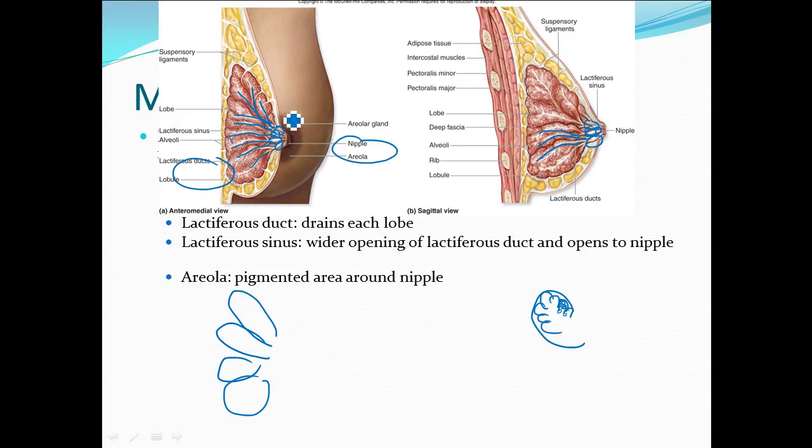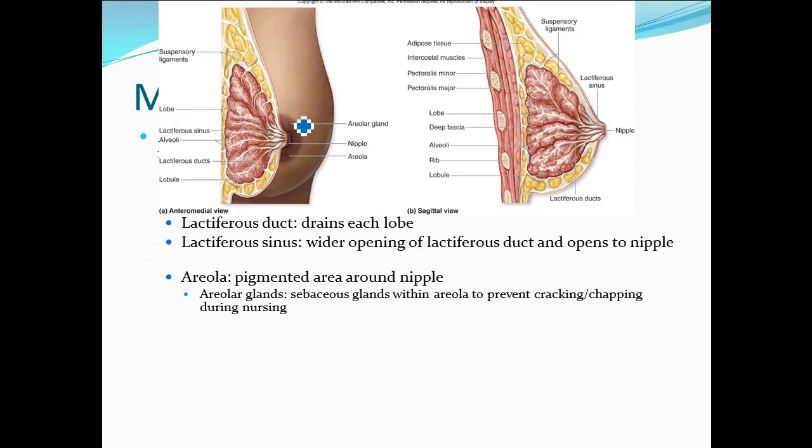The areola is this darker pigmented area around the nipple, and it contains these areolar glands. They're sebaceous glands, especially for a child when they're feeding on the mother's breast, it prevents them from cracking and chapping.